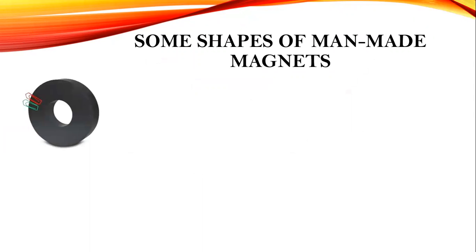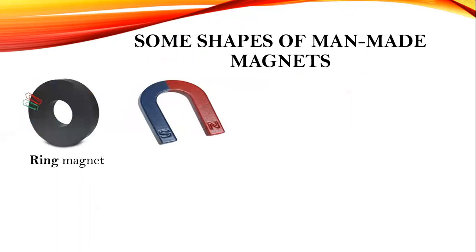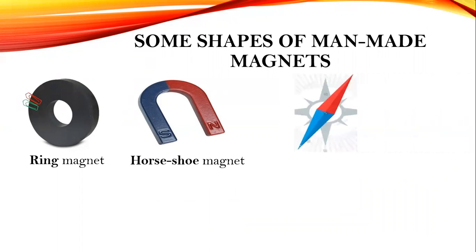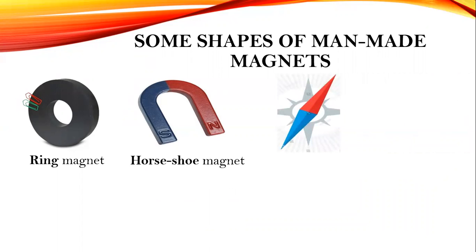Man-made magnet could be found in a ring shape, and we call it ring magnet. It could be found as horseshoe magnet. Magnet also could be found in the shape of a needle, so we call it needle magnet.